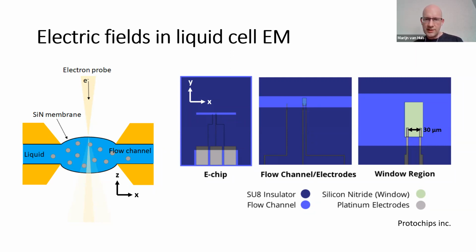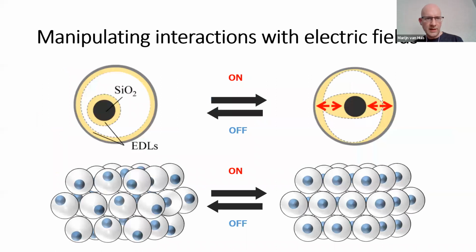So we have used electrodes. Basically, they are developed for electrochemistry, but we have used them here to subject the rattlers to an electric field. Of course, we have to make sure that the visible region is in the window region. And what we can do is manipulate these interactions with electric fields.